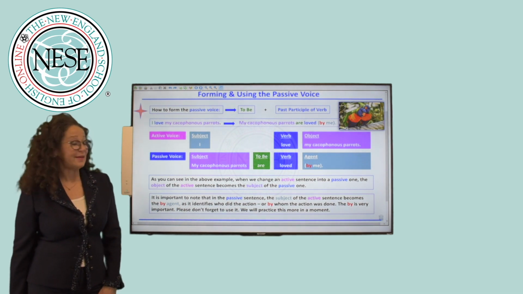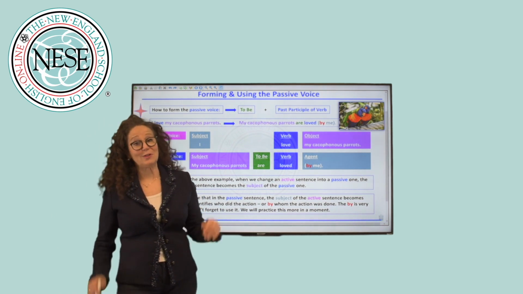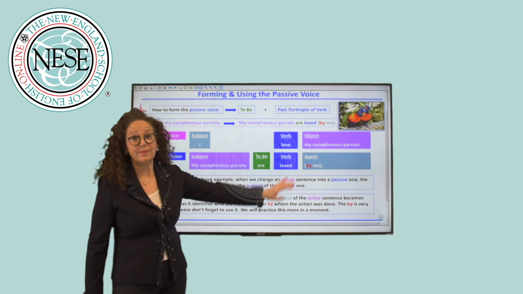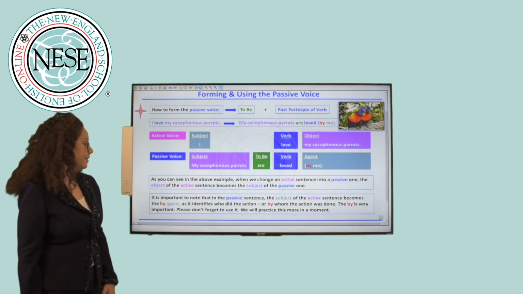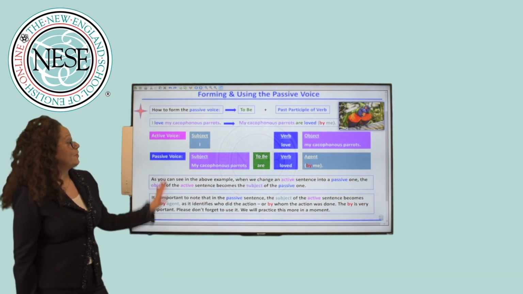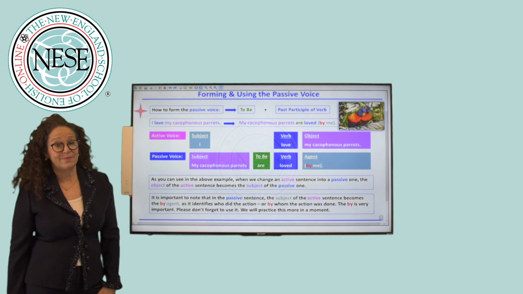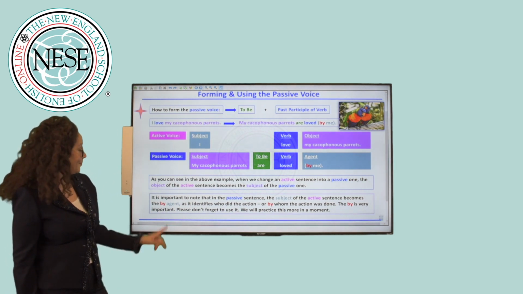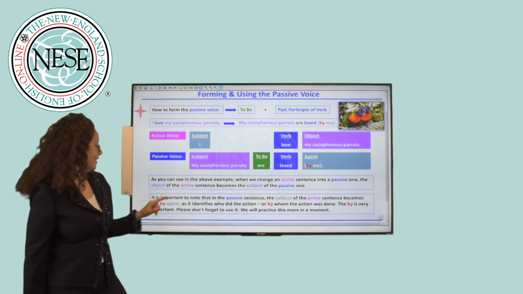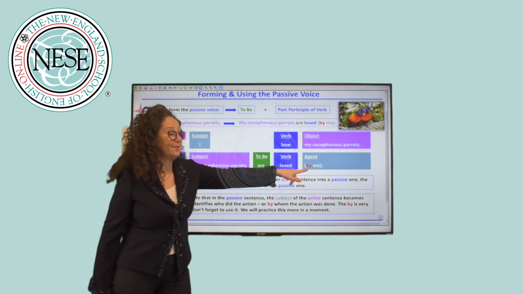The by is very important. Please don't forget to use it. You do need to use it if you are naming the agent. We will practice this more in a moment. So this is the basic structure. The subject of the active sentence becomes the by agent.